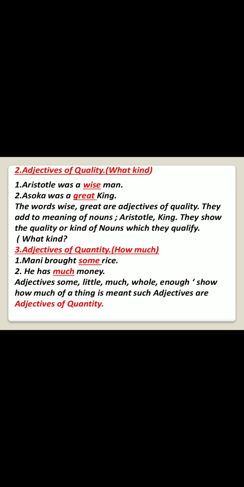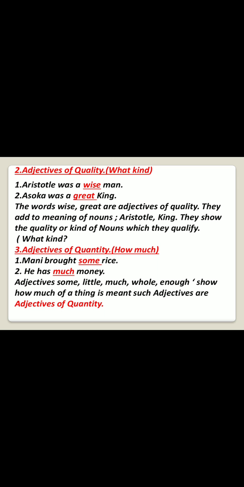So the words wise, great are adjectives of quality. They add to the meaning of nouns, Aristotle and king. They show the quality or kind of nouns which they qualify. So always we will ask what kind of person, what kind of thing. If we buy anything in the market, we will ask the quality of the things or person, whatever it may be.